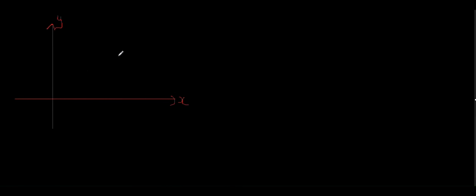We could define any point on this plane, for example, here was 5, here was 2. So this point is defined by the coordinate (5, 2).